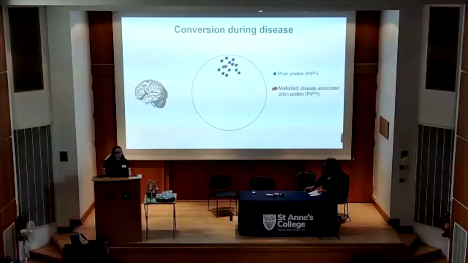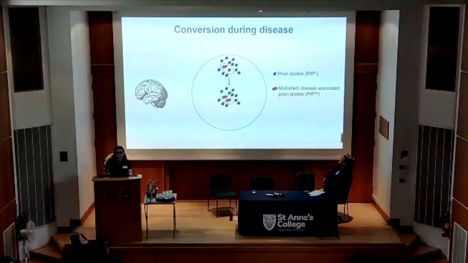Now, looking a little bit more in depth, because this is important for the methodology that we're using for this study, the presence of the abnormal form of the protein in the brain acts like a seed. And this seed, when it interacts with a normal form of the protein, causes this normal protein to misfold and take the form of the abnormal. And as Simon pointed out, this starts a chain reaction where we get the accumulation and the build-up of the abnormal form, and this becomes aggregated in the brain.